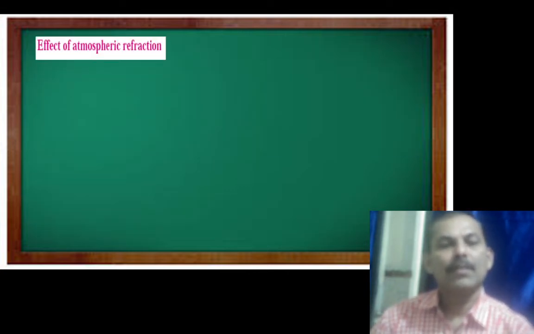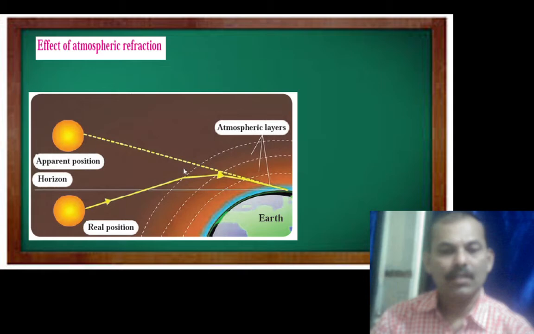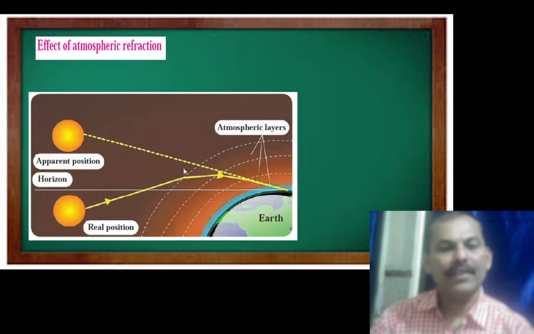Then we will see the effect of atmospheric refraction. In this diagram, the real position and the apparent position of the sun. We will see in this diagram how the atmospheric layers affect the position of the object or sun.